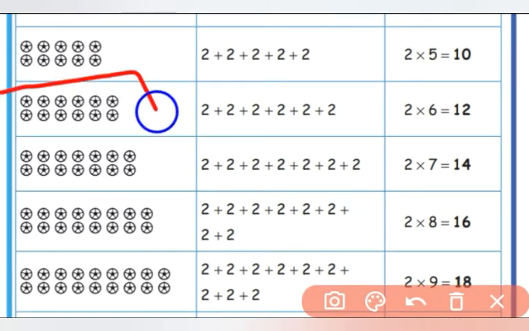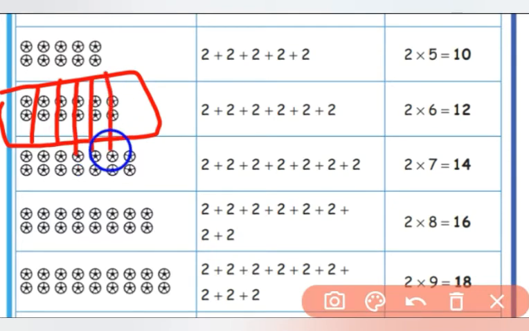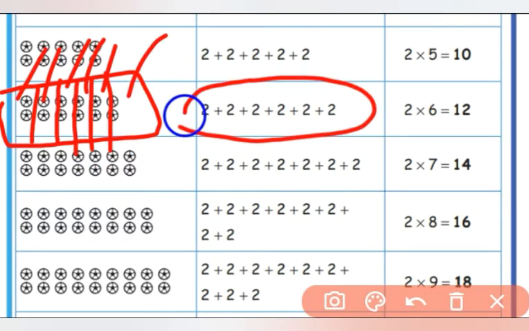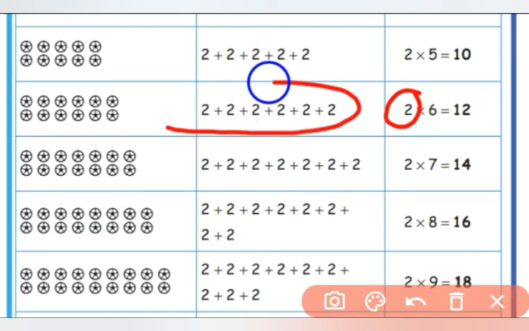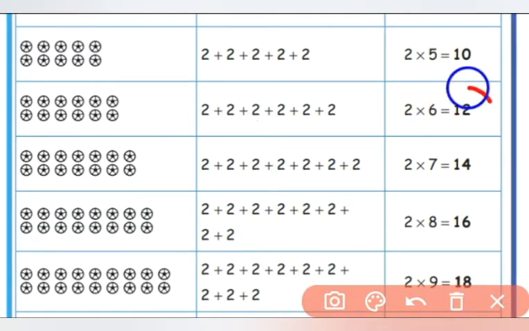Next பாருங்க, 6 times 2. ஓரோ பாக்ஸ்லயும் 2 balls இருக்கு. Total number of boxes 6. So total number of balls is 12. The multiplication fact is 2 into 6 is equal to 12.